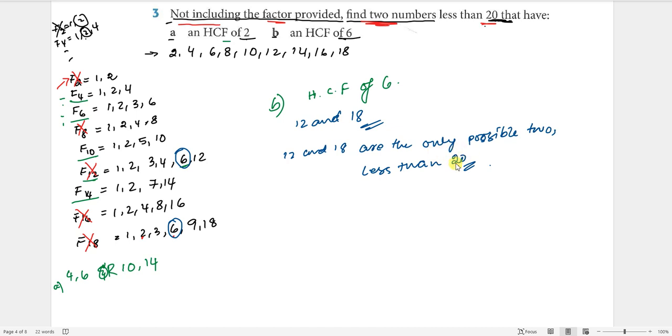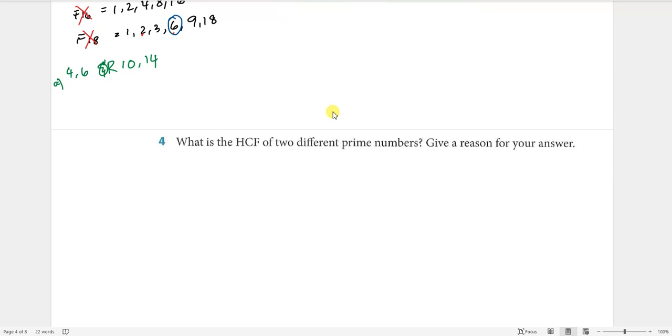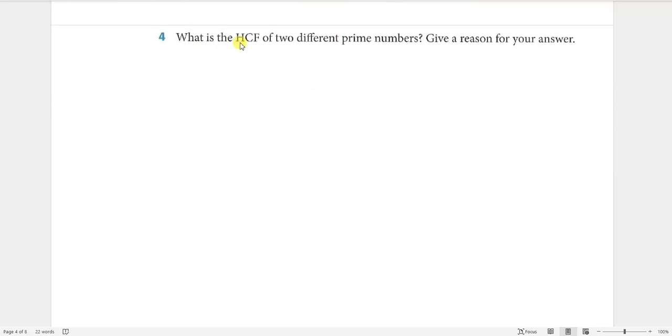Okay, that's the end of question 3. Moving to question 4. What is the HCF of two different prime numbers? Give a reason for your answer.